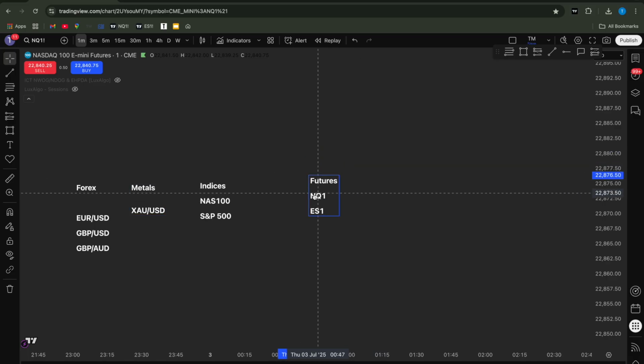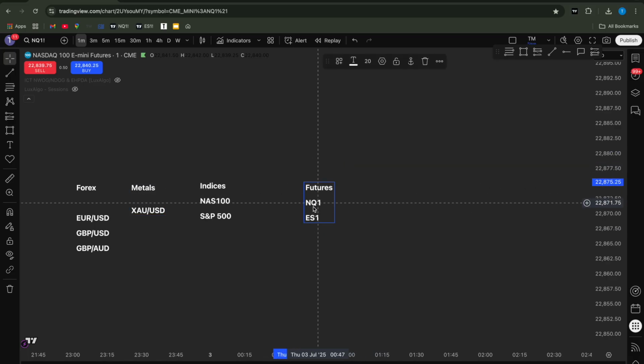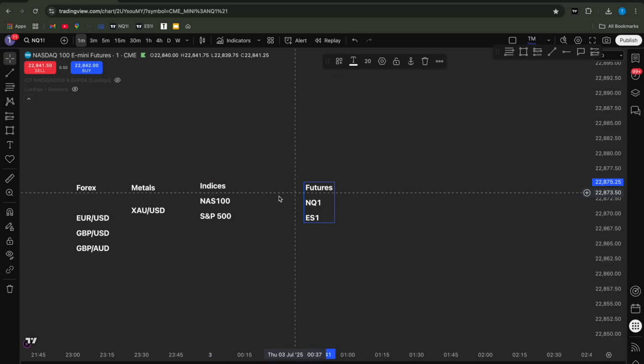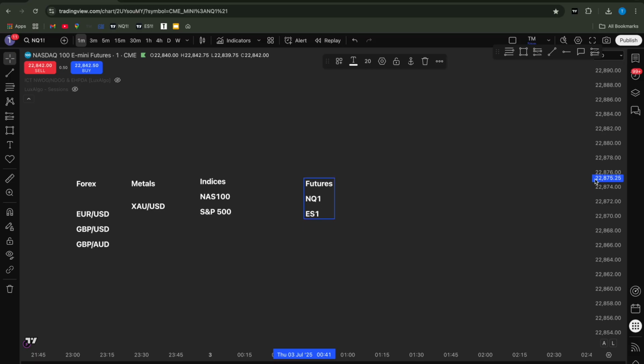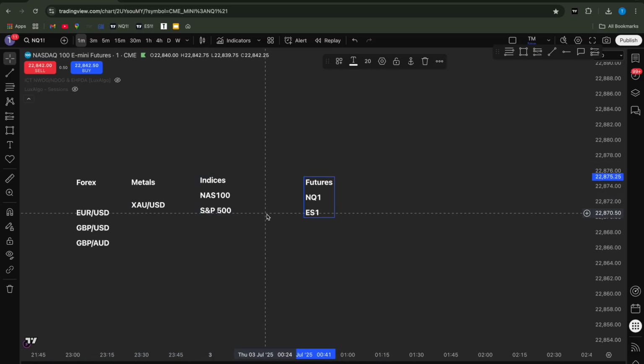Now, futures, which is what I trade, NQ1, ES1, you can execute on TradingView, and NQ1 is basically just the futures version of that. You don't need to worry about that too much. Just know that they are separate. In futures, you buy contracts, but it's pretty much exactly the same.